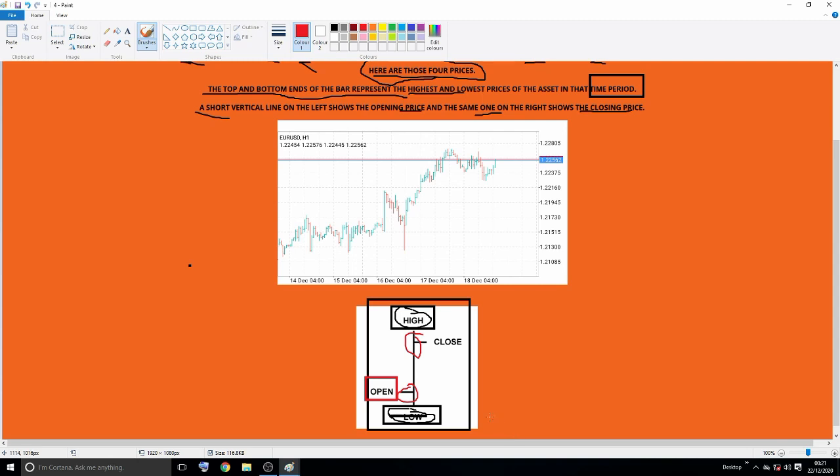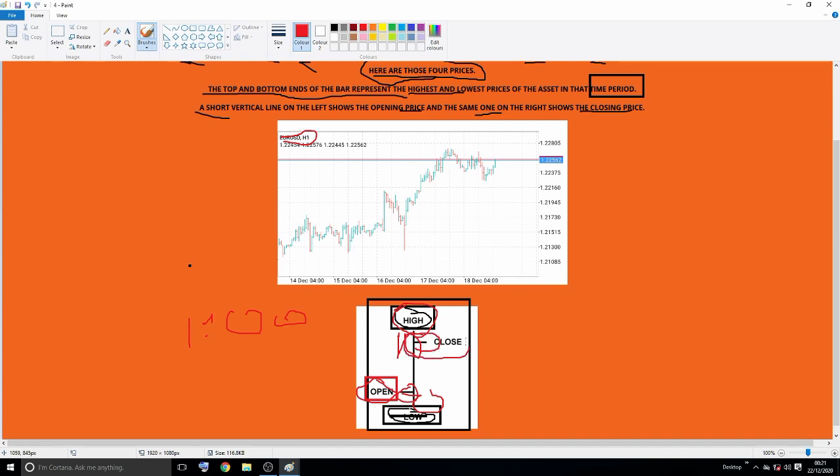You can see that if this candlestick opened at 1 a.m., you can see that Euro USD around 1 a.m. opened at a certain price, it went to the lowest price, and then it pushed to this highest price, and then it came to close at this certain level.